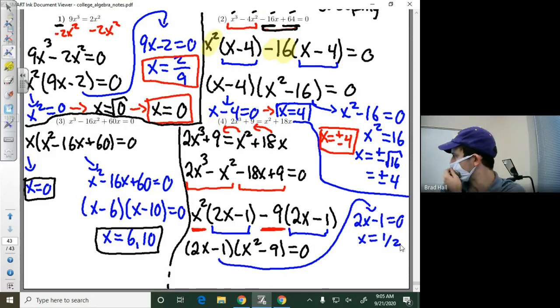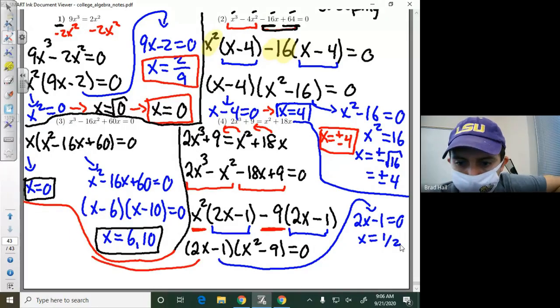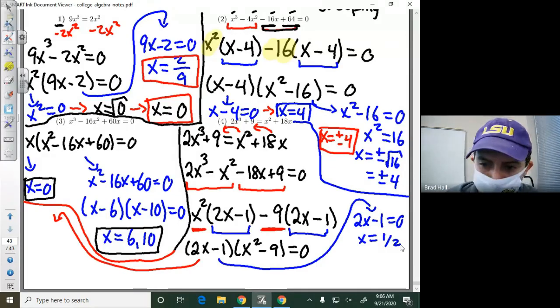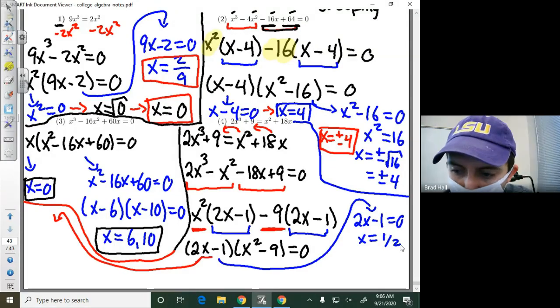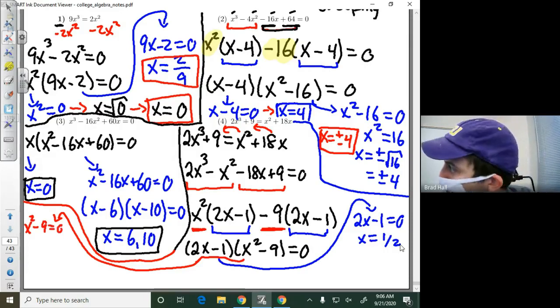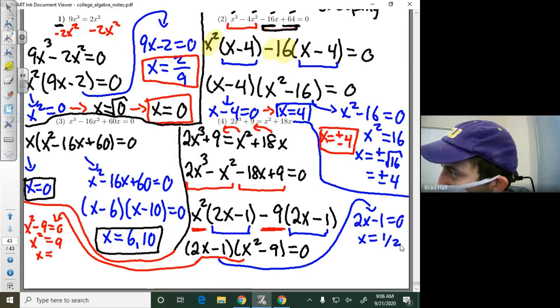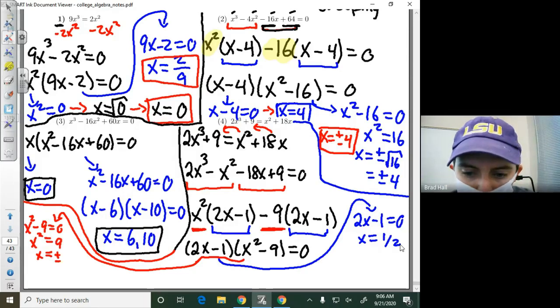And for the other one, x squared minus 9 is equal to 0. x squared is equal to 9. And then x is equal to plus or minus the square root of 9, which is plus or minus 3.